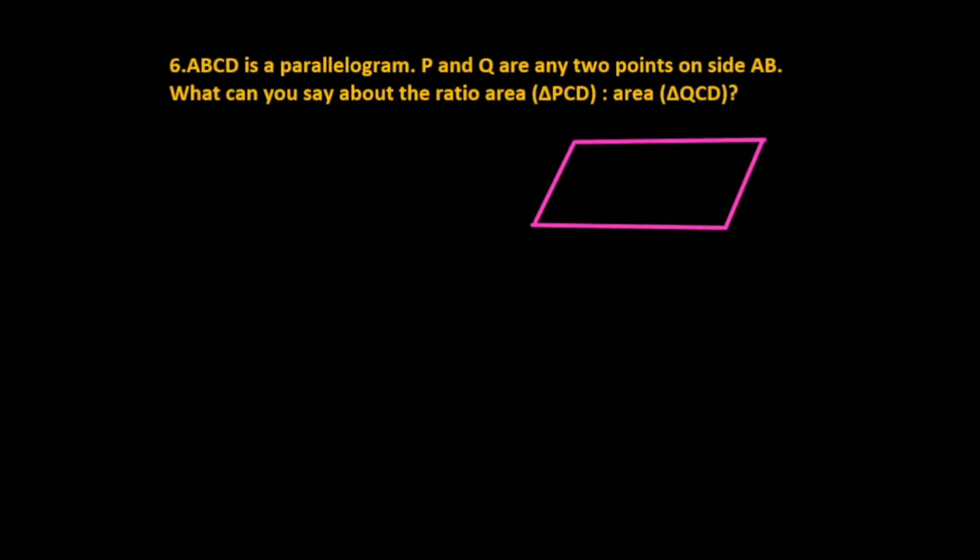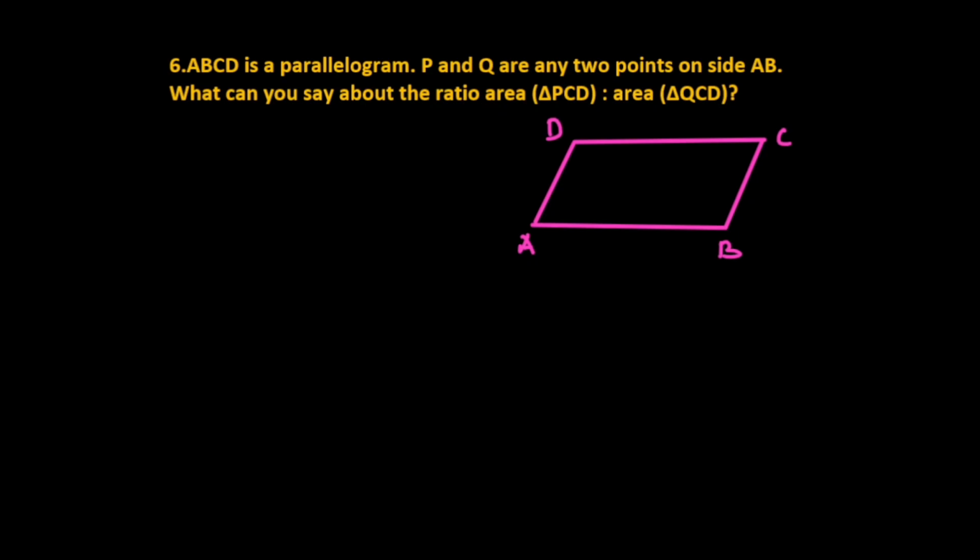Sixth question: ABCD is a parallelogram. P and Q are any 2 points on the side AB. Now, considering the sides, this is A, B, C, D. This is the parallelogram ABCD.